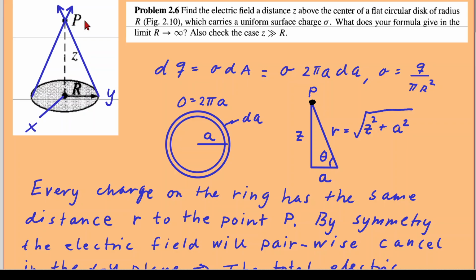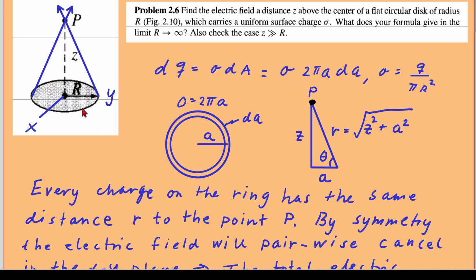If you sum this pair, those orthogonal fields will cancel. Then this one has a y direction and also that one, and they will be added.